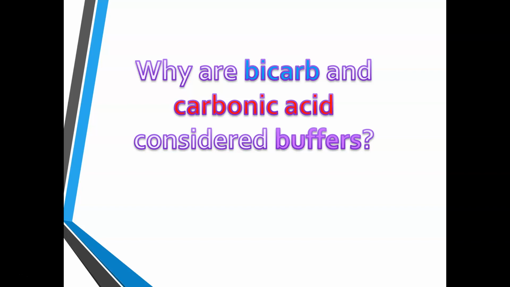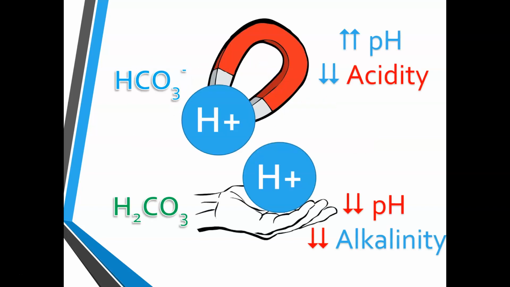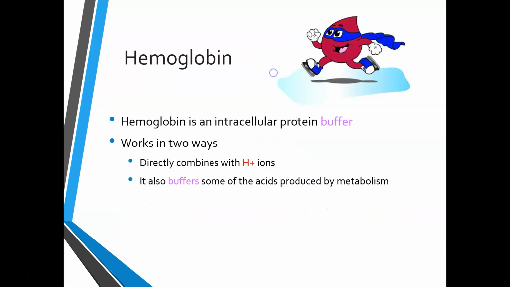Basically, acid is a buffer to an alkaline and vice versa. As I mentioned before, hemoglobin is an intracellular protein buffer. It can actually work in two ways. It can directly combine with hydrogen ions. It also buffers some of the acids produced by metabolism.